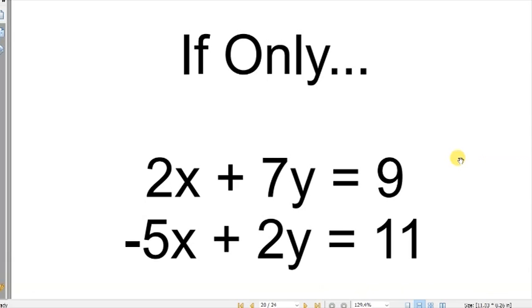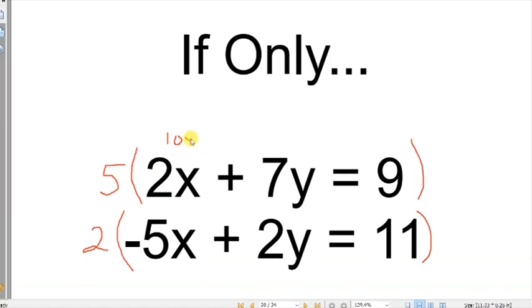What would you do here? This one is going to take more than before. How about this? That would turn this into a 10x.